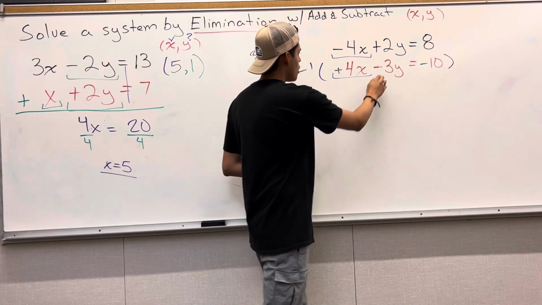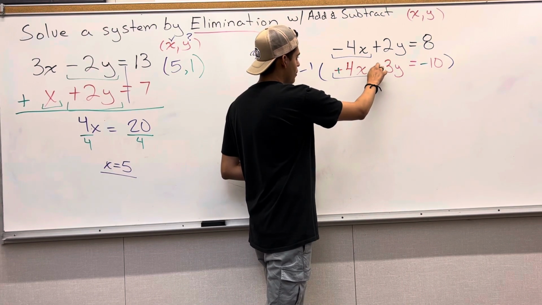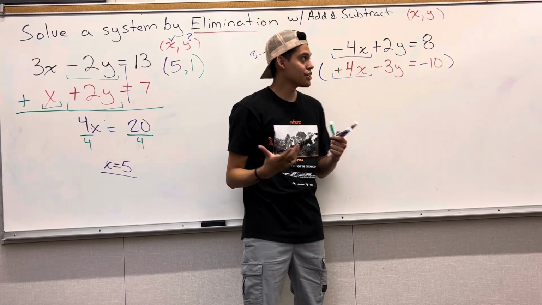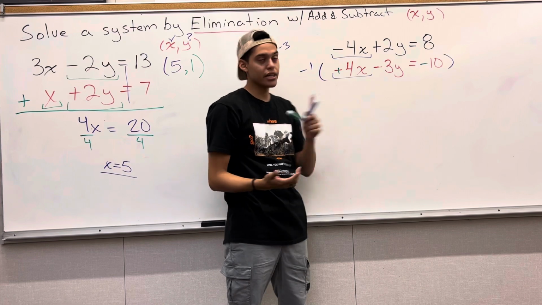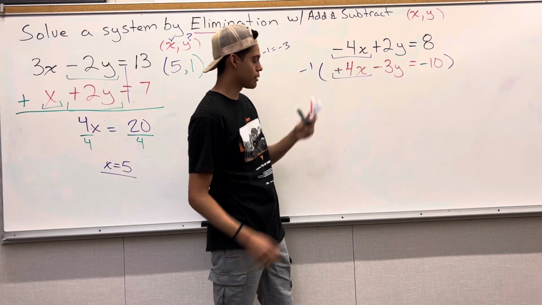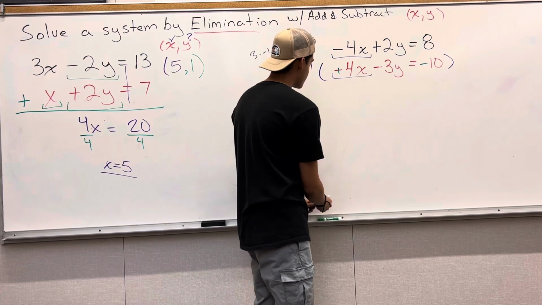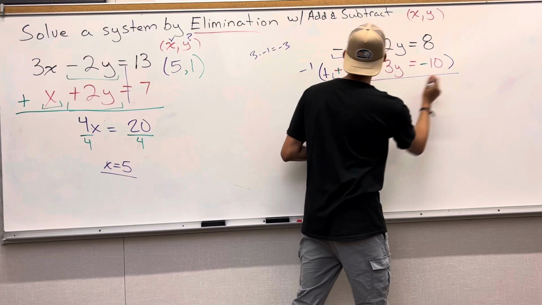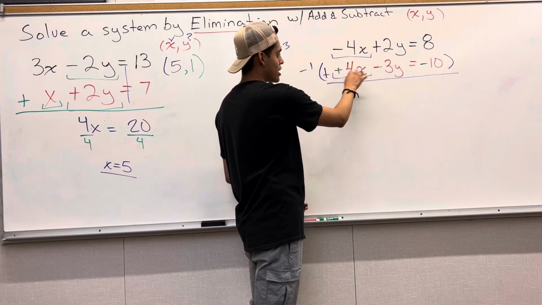And now we are going to be solving this problem. Now we could add both of the things. So in reality, subtraction, we're just going to be changing it into an addition problem right here. So that is why we're doing the minus 1. So now let's add the two equations, negative 4x plus 4x.